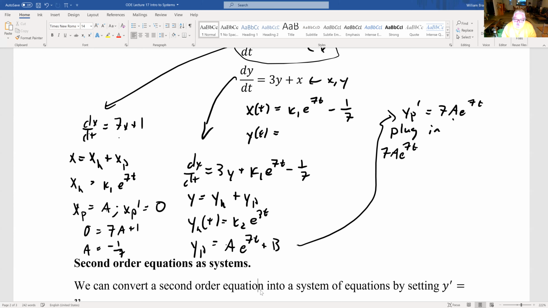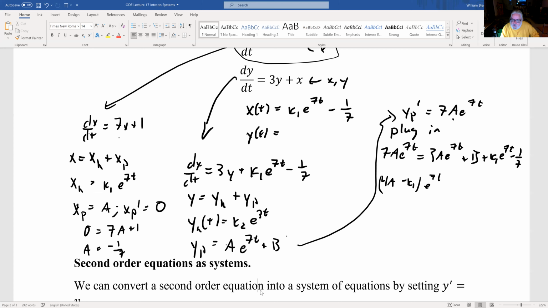3y is going to be 3a e to the 7t plus b, plus k1 e to the 7t minus 1/7. So if I gather all my e to the 7t's on the left side, I'll have (4a minus k1) e to the 7t equals 3b minus 1/7.